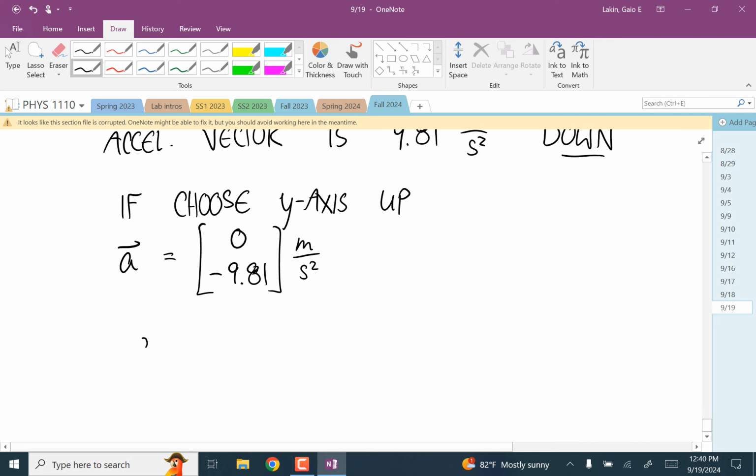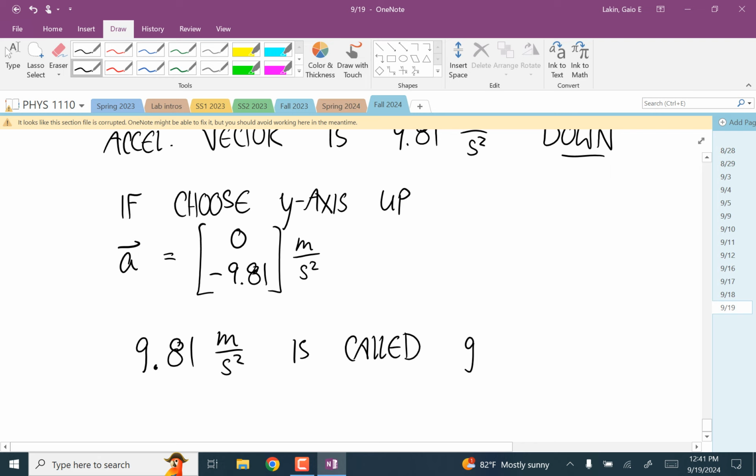And by the way, this value of 9.81 meters per second squared is called lowercase g.